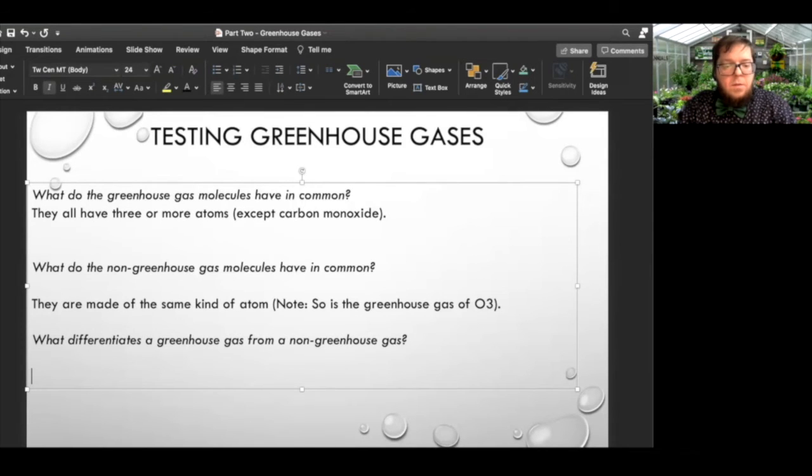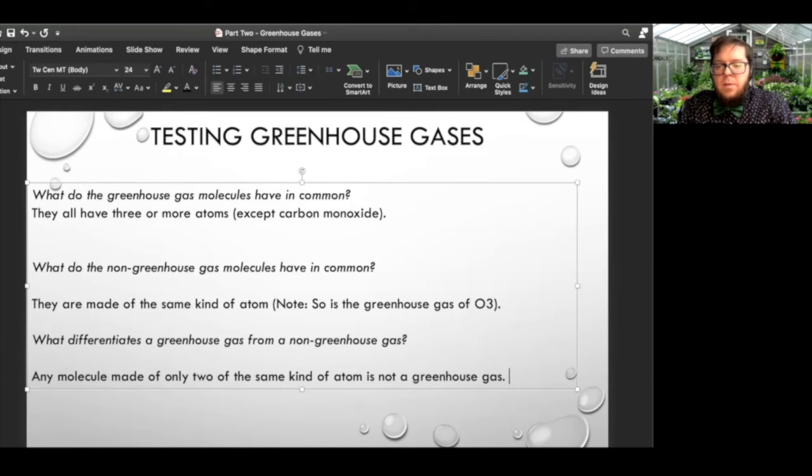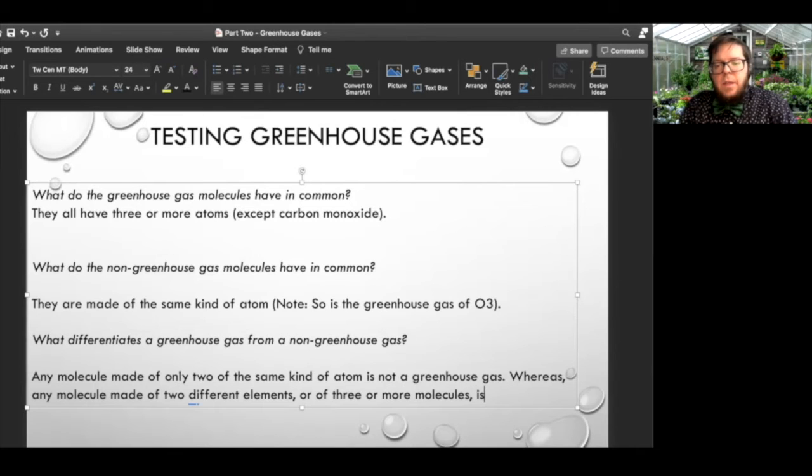Any molecule made of only 2 of the same kind of atom is not a greenhouse gas. Whereas any molecule made of 2 different kinds of atoms, 2 different elements, or of 3 or more atoms is a greenhouse gas.